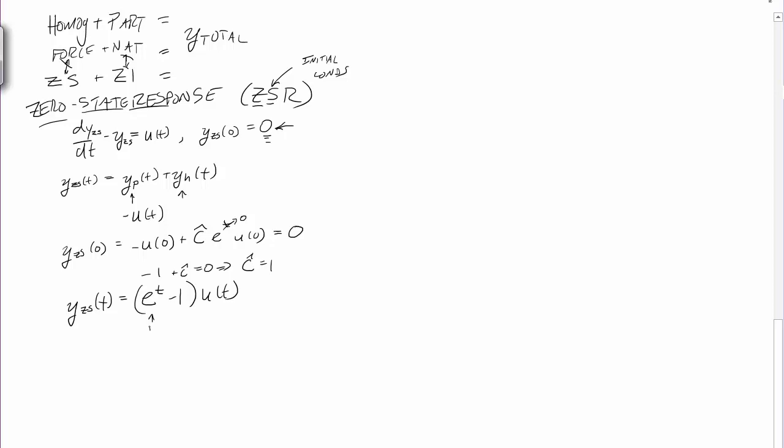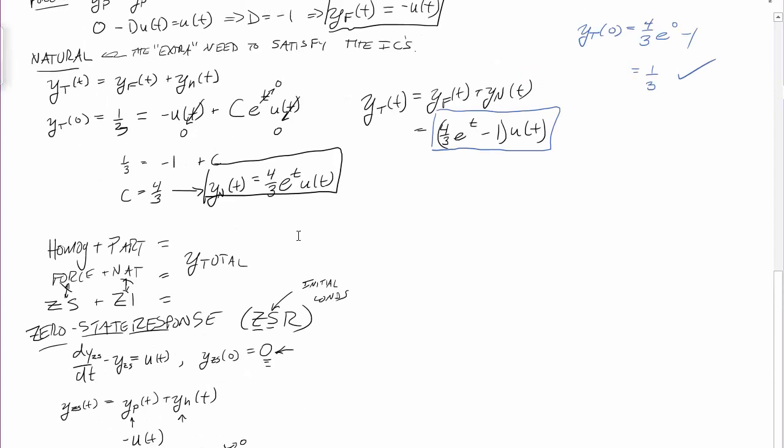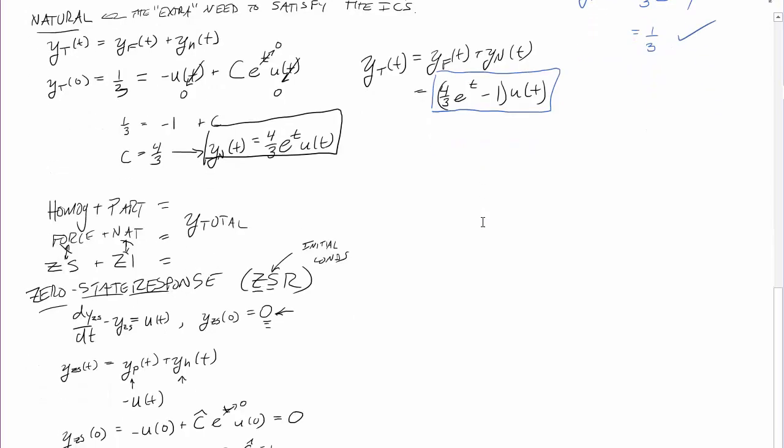Right, that's the homogeneous part and the particular part. Now, if we look back up at the other problem, you see that that solution does not appear anywhere. It's not the old forced solution, it's not the old natural, and it's not the old total. So we have a new function on our hands.